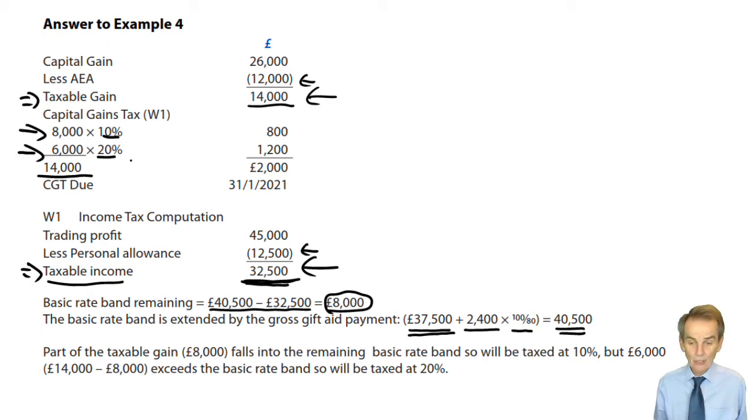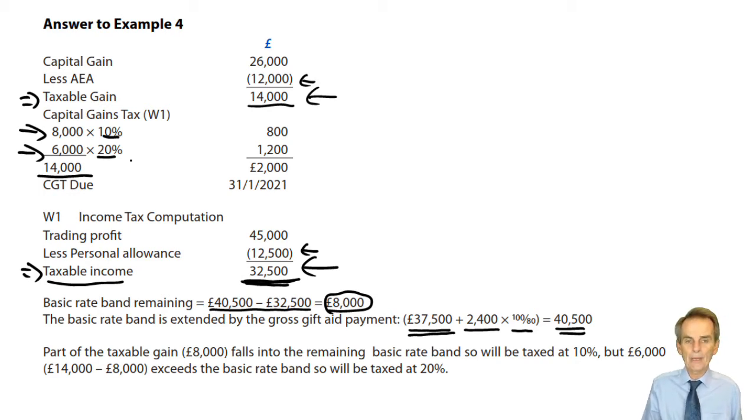So, same exercise. If they haven't given you taxable income and taxable gains, you compute taxable income and taxable gains, deducting personal allowance, deducting AEA. If we are still a basic rate taxpayer, or appear to be a basic rate taxpayer, then of course we need to work out any remaining basic rate band that is available to us.